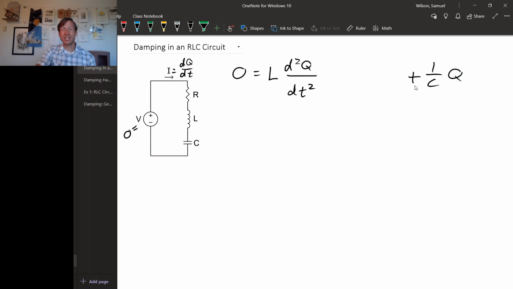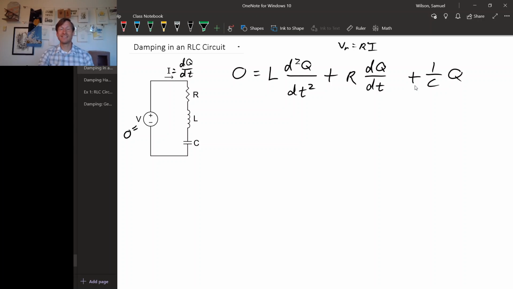So the only thing that changes when we add a resistor to this situation is we need to add the voltage drop across the resistor. And Ohm's law says the voltage drop across a resistor is the resistance times the current through the resistor. So resistance times, but remember the current is dQ/dt.